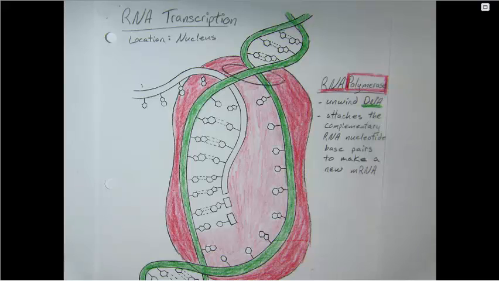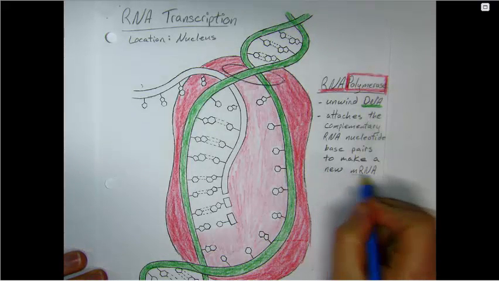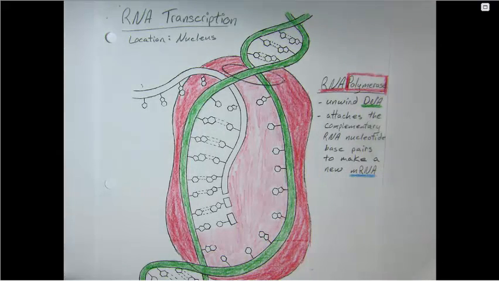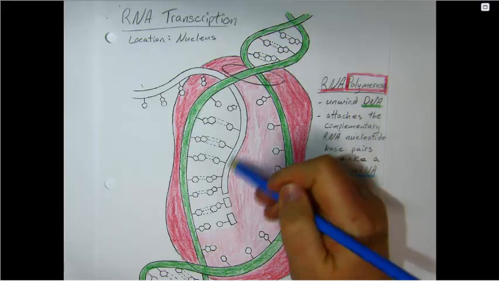On my diagram, I am going to color in that new messenger RNA along the backbone right here.